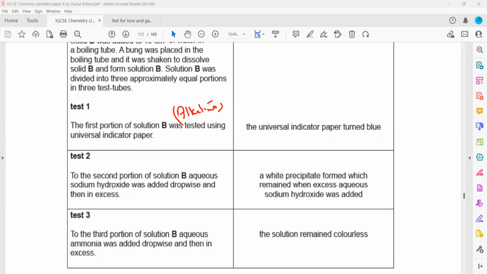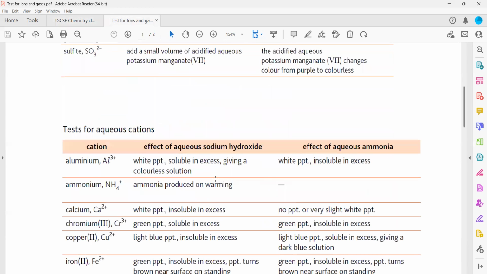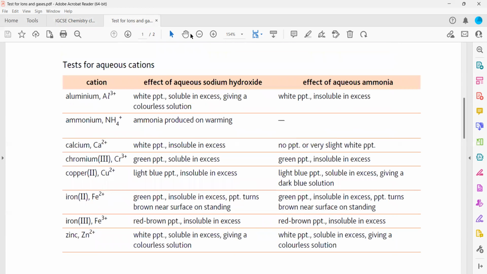Then to the second portion, sodium hydroxide was added until in excess, and the white precipitate formed which remains in excess. If it remains, we have calcium, Ca2 plus. Which positive ion gives a white precipitate that remains in excess? It cannot be aluminium, so it is calcium, because the white PPT is insoluble in excess.